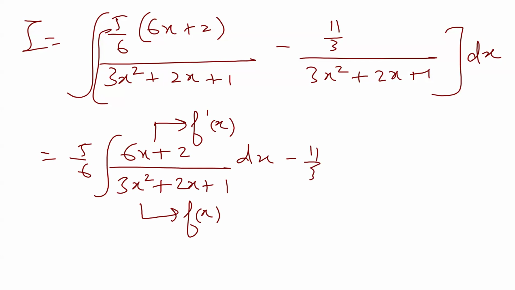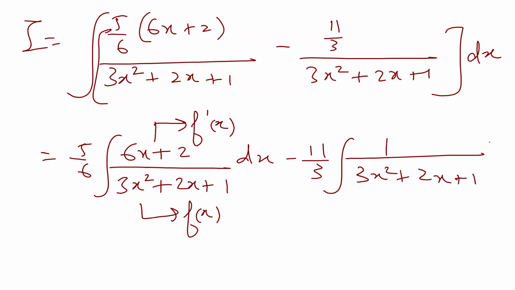Minus 11 by 3, integration of 1 upon 3x square plus 2x plus 1. I hope you are aware of this property, f dash x upon f of x. The derivative of the denominator is the numerator.